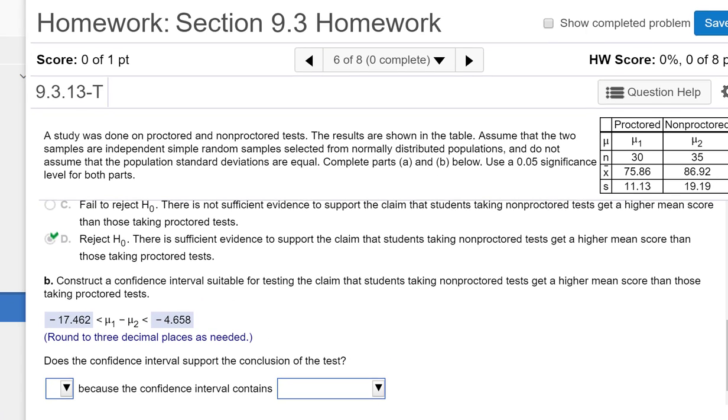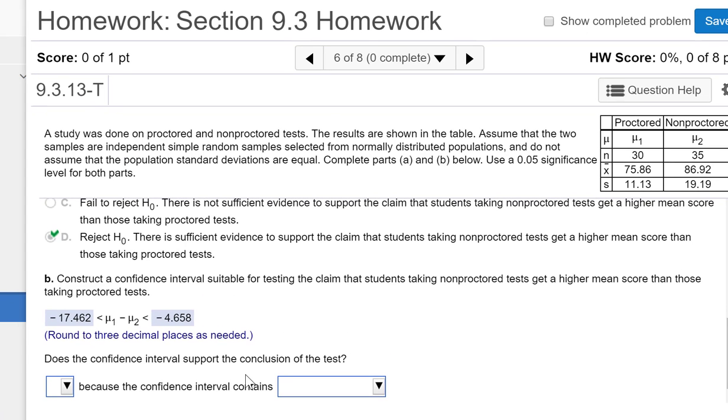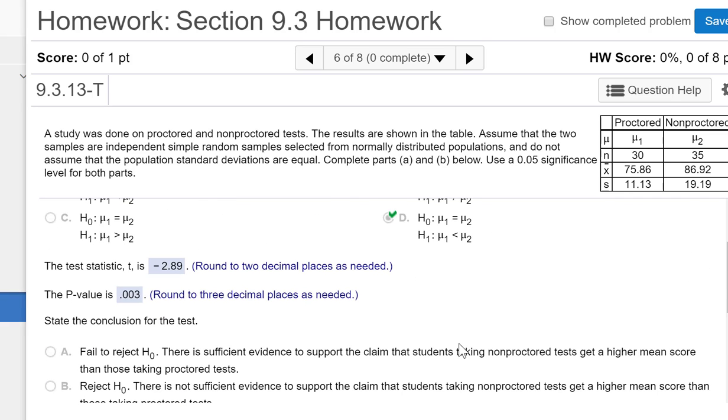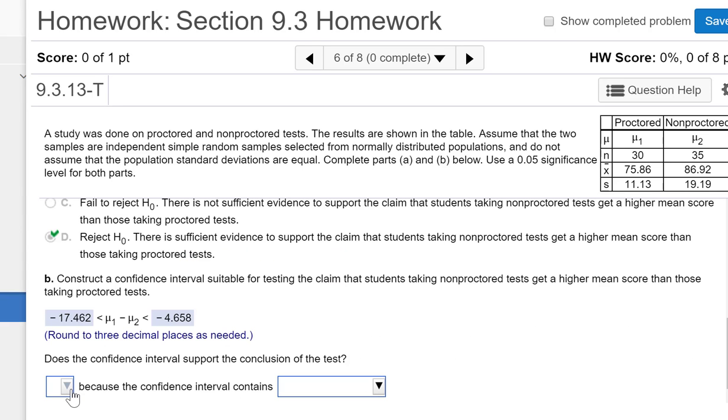So does the confidence interval support the conclusion of the test? It does, right? Because we said we would reject H0, and it does support that, because the confidence interval does not contain 0, since it contains only negative values.